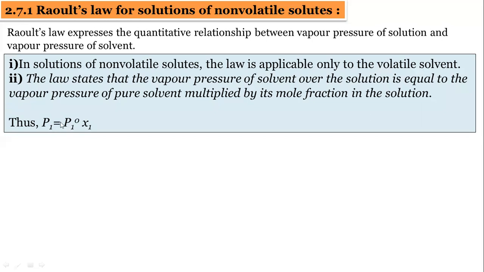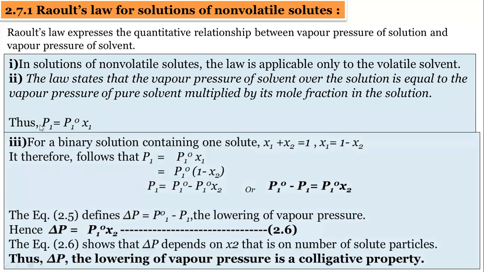So this is Raoult's law. According to Raoult's law, by this expression, we can write the Raoult's law. So P1, the vapor pressure of the solution, is the product of the vapor pressure of the pure solvent and its mole fraction. We can derive this law also. Again, we are taking the binary solution.